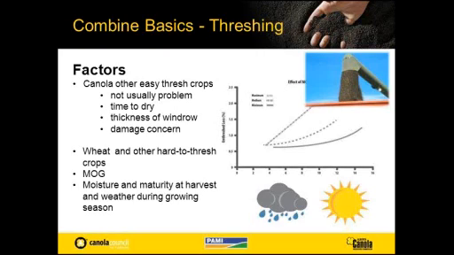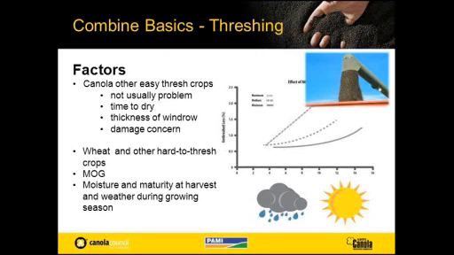So those are things, typically canola that weathers for several weeks out in the field, that totally disappears and it threshes out very nicely. Now, in other crops, such as wheat, that are hard to thresh, what you need to understand is that unthreshed can be affected by the feed rate and the MOG that's in there.